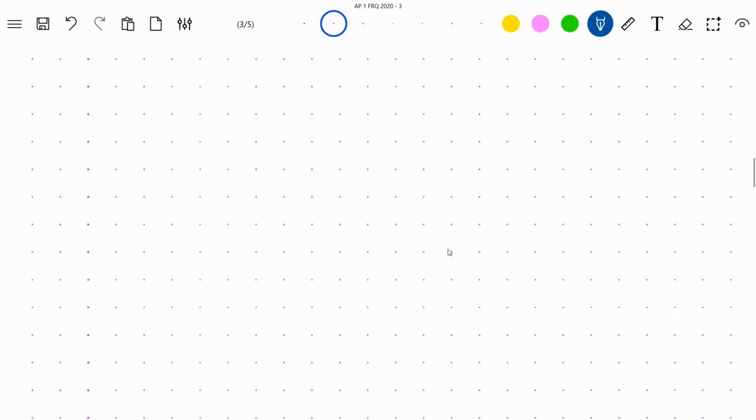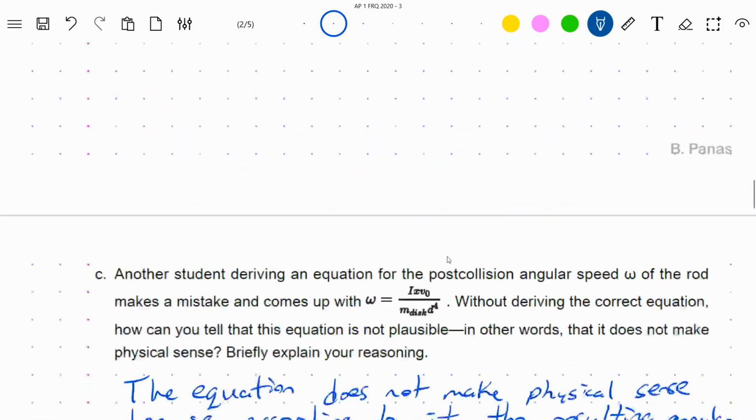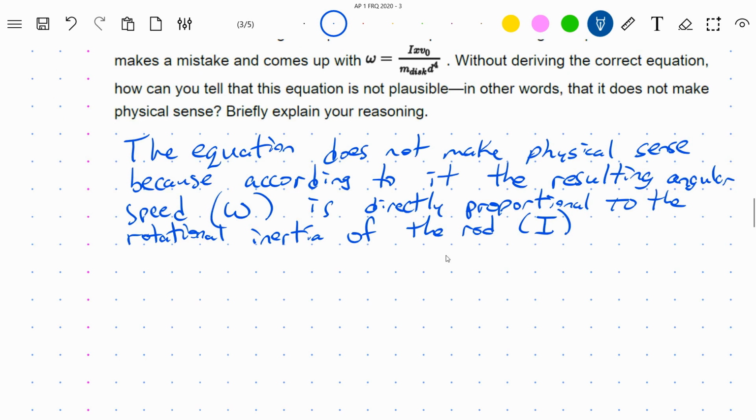So let me just kind of continue this. We're in part C now. So rotational inertia of the rod I. Let me just explain why that's a problem here. When in fact, let's see here, what am I going to say?